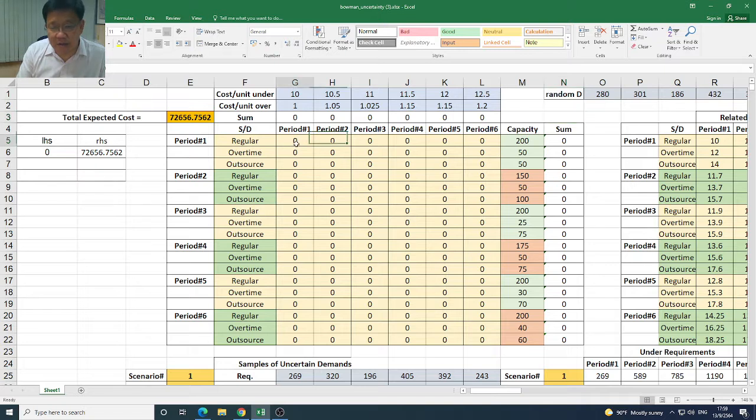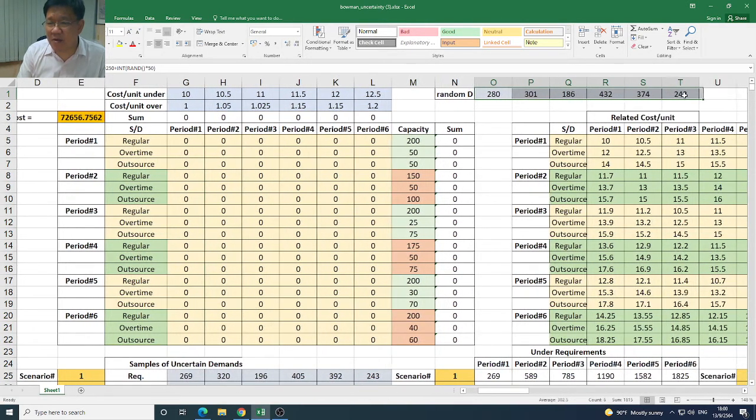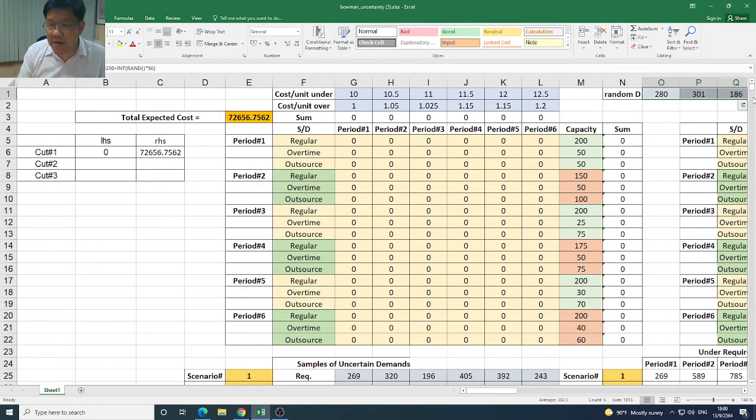But the problem is the summation for all rows in each column here. You do not know whether they are going to satisfy exactly all possible demand types represented here. So I use the formula here to generate some possible cases down here. So this is the sample of the uncertain demand.